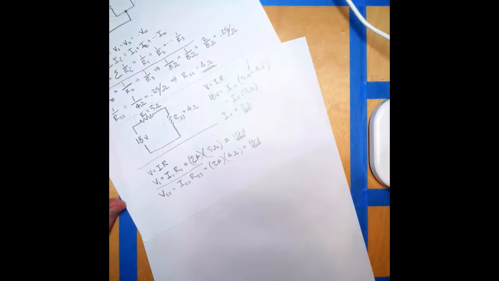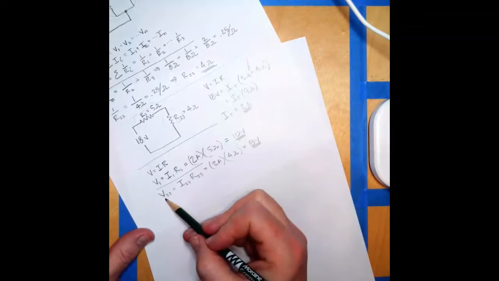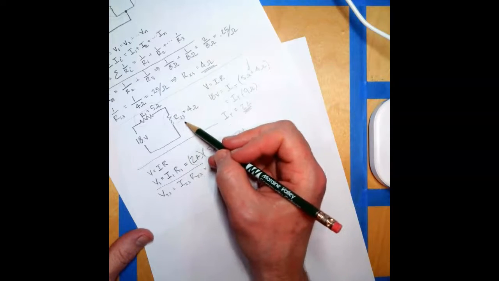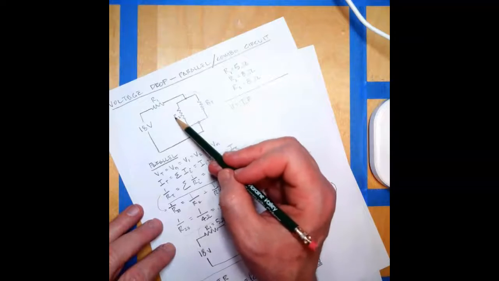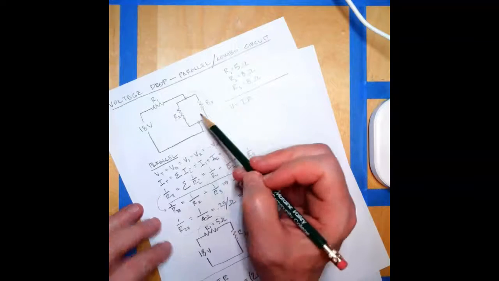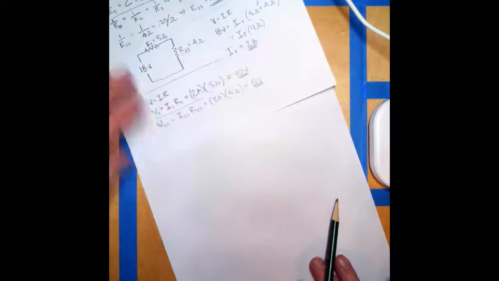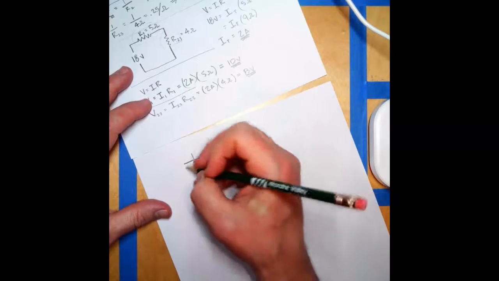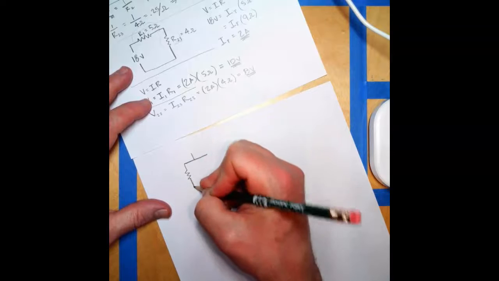Okay, so let's continue where we left off. We have the voltage drop across the equivalent resistor 2,3 that represents this pair of resistors in parallel. So I'm just going to redraw this a little bit so we have something that we can see.